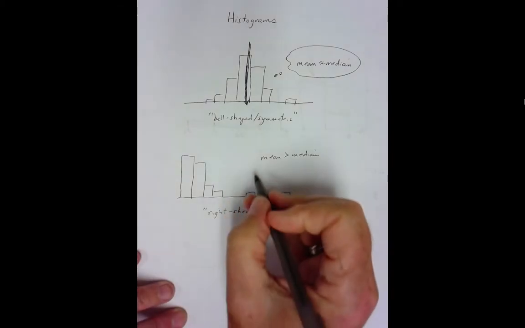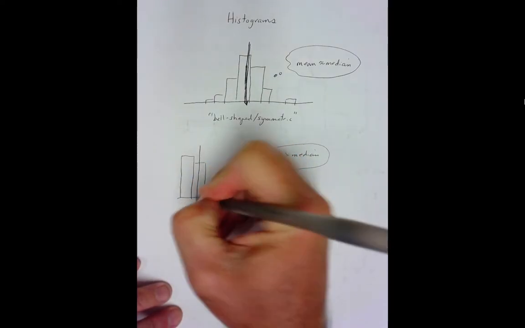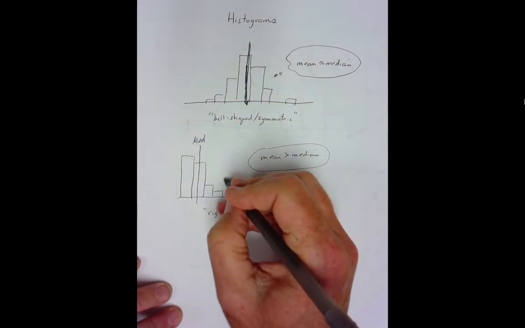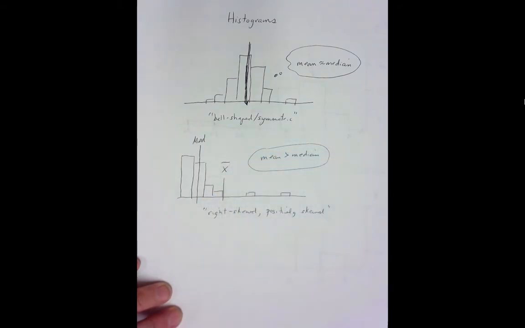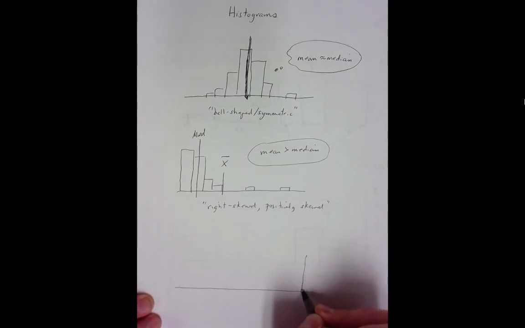I'll get into another video pretty soon that gets into that more, why that relationship turns out to be that way. But typically what happens is your median will be in this location and your mean will be out in this location. Again, there's a video coming up that'll demonstrate that. Kind of a mirror image of the positively skewed distribution.